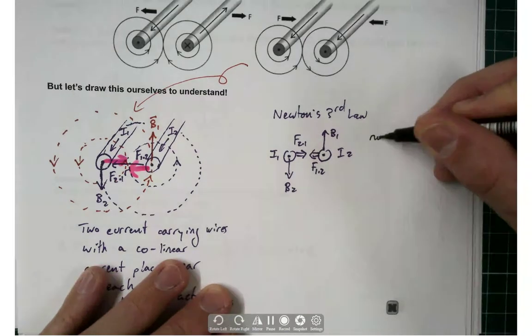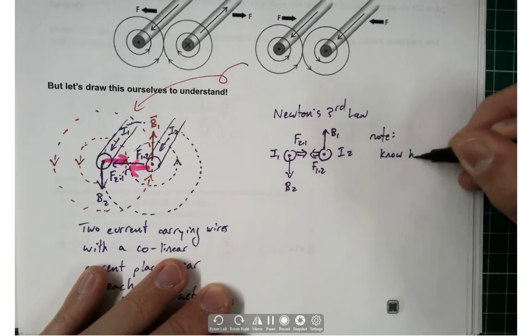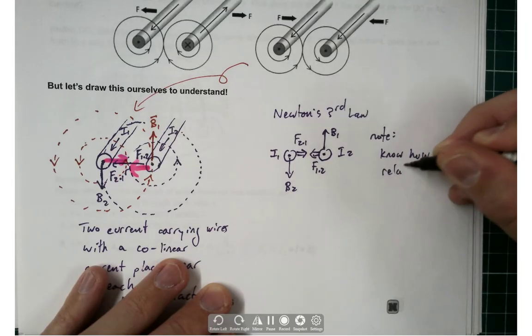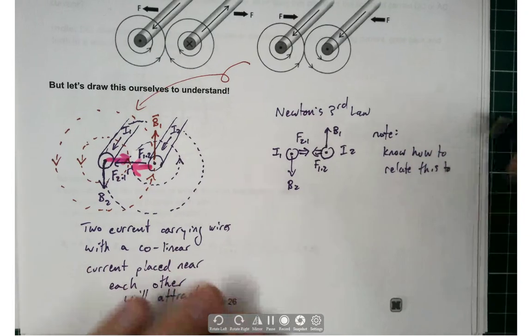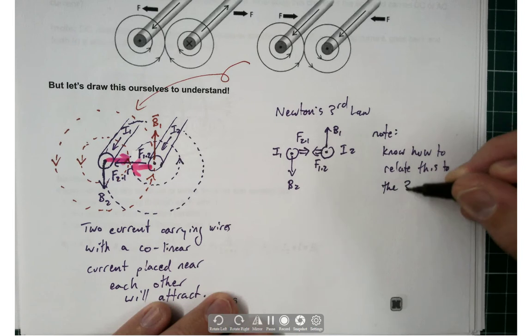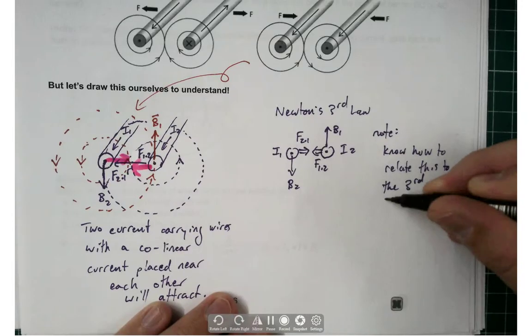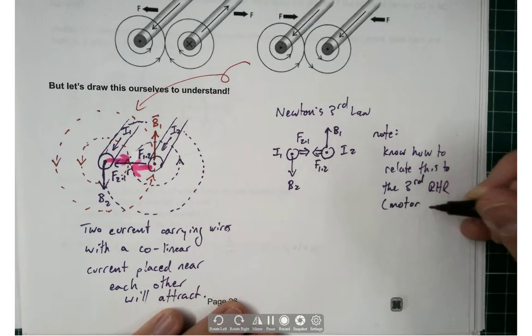Anyway, a little quick note here. You should know how to relate this to the third right-hand rule. Remember, the third right-hand rule is the idea of the motor principle. And so that's what we're talking about right now with that force.